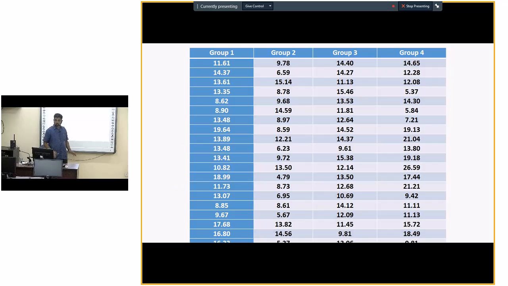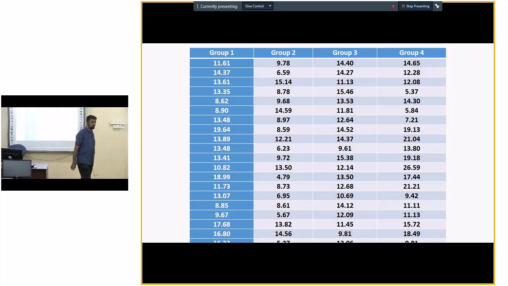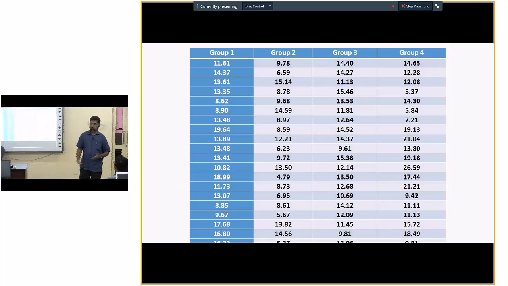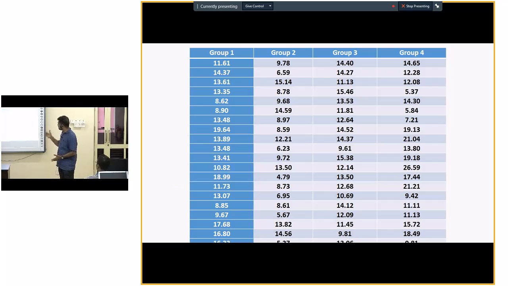Here we have more than one group, right? Age groups or regional groups. We can divide into a number of groups. Then income: if we need to compare income among the Western province, Southern province, Sabaragamuwa and Northwestern province, now we have four provinces.